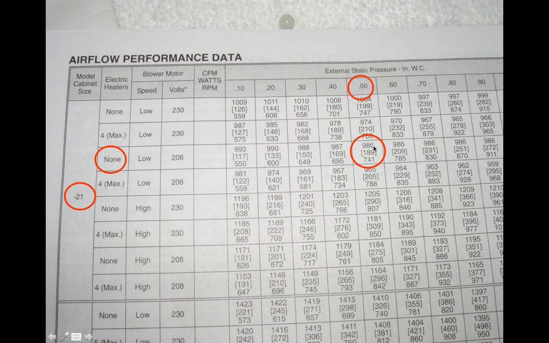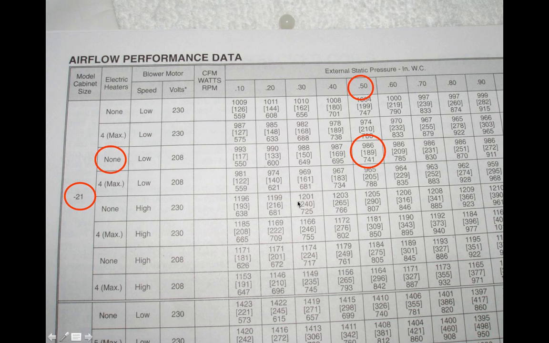The top one is 986, and that's the CFM. The middle one is the watts of energy being consumed, or 189, and the bottom one is the RPM, 741 RPM coming through the system. So this is basically what this type of ECM chart does.